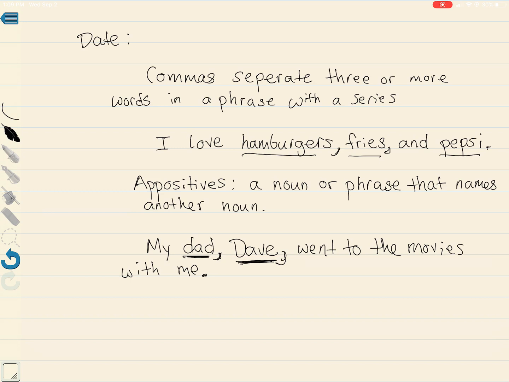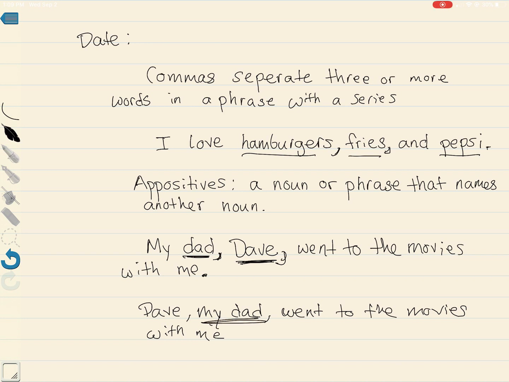I could switch that around and I could say Dave, comma, my dad, went to the movies with me. My dad is now the appositive because it's renaming who Dave is. It's just renaming what you said before to help your reader identify who you're talking about.